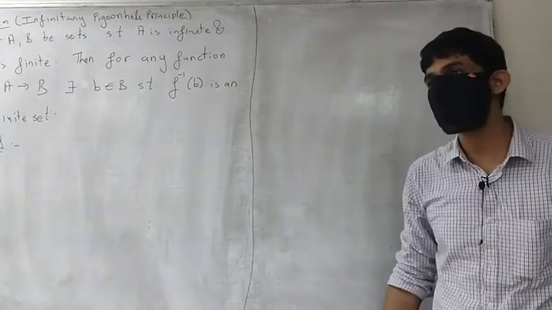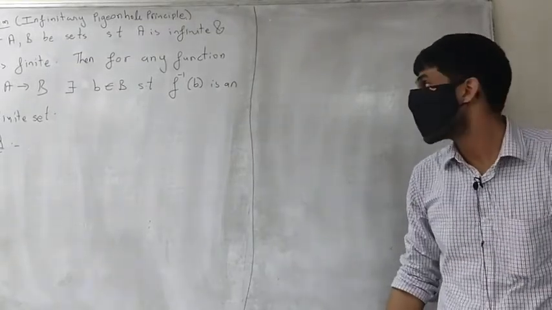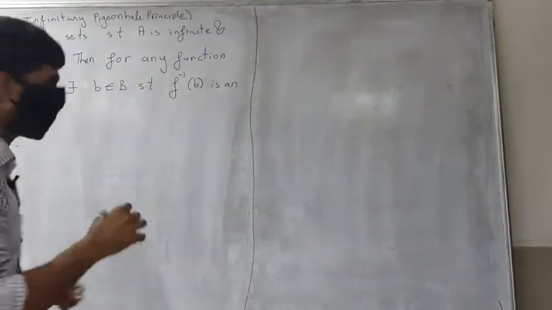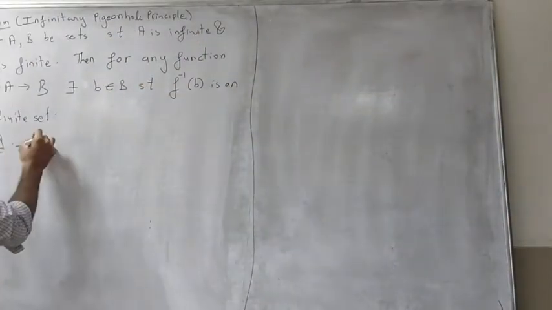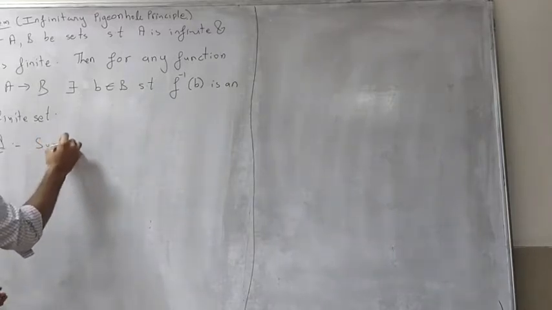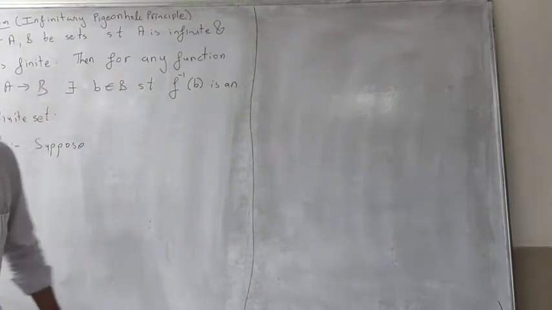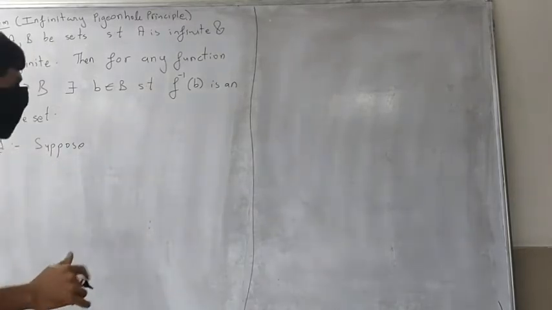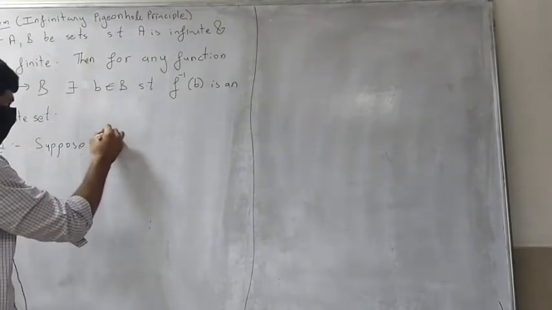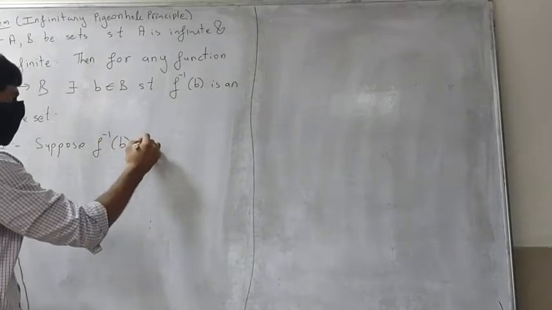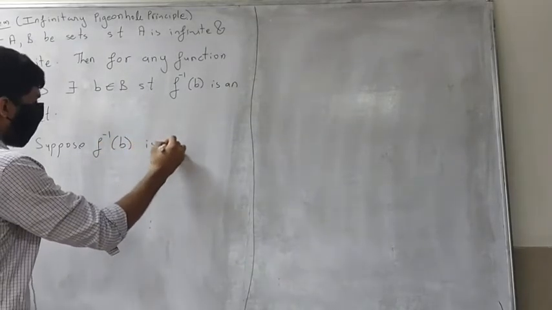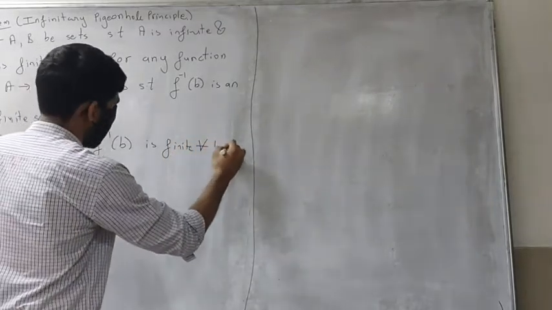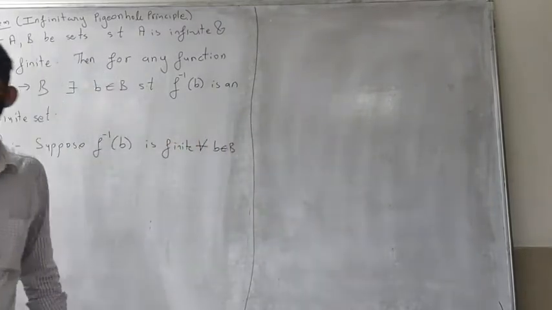It just comes from the fact that you can write A as... Suppose this is not true, suppose every pullback was finite, what would happen? Suppose f inverse of b is finite for every b in B. What will this tell us?